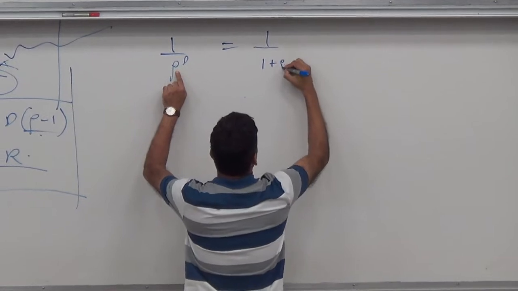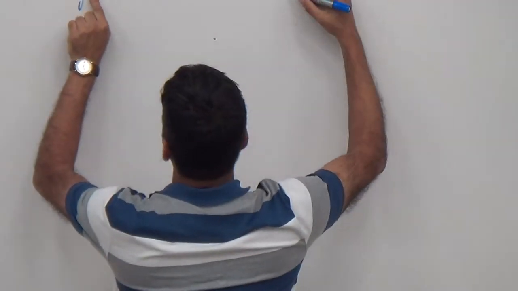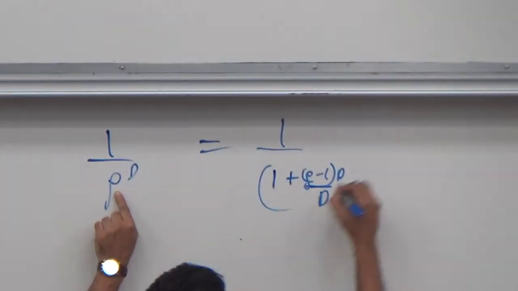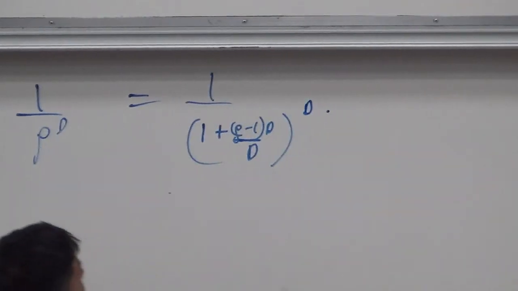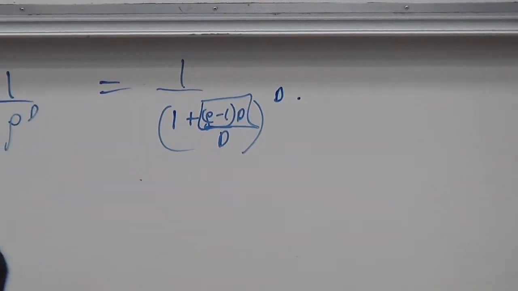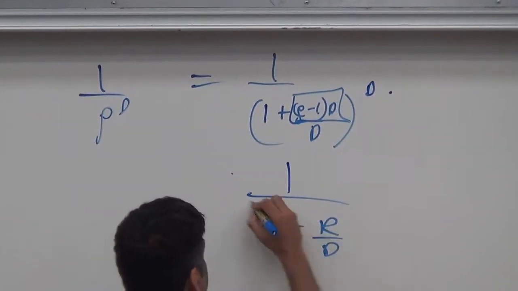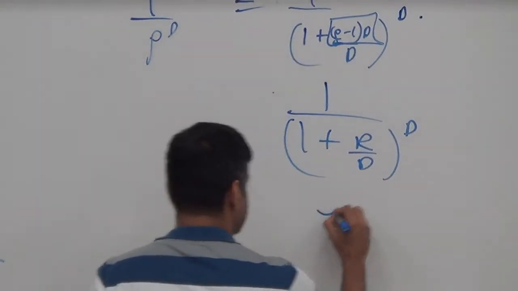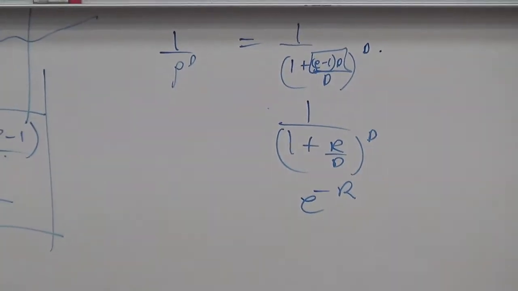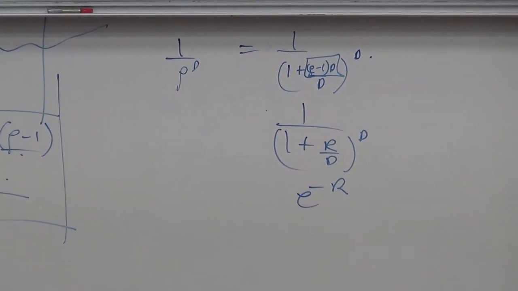So 1 plus (rho minus 1), times D divided by D, to the power D. Now this whole thing was r. So that's 1 over (1 plus r divided by D) to the power D, which in the large D limit is e to the power minus r. So you remember that our zeroth order ansatz approached flat space like e to the power minus r.